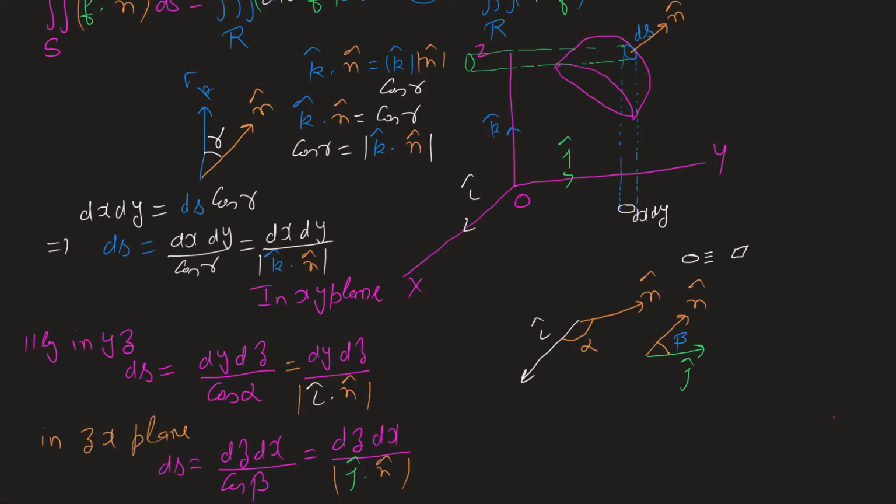Now we will come back to our question, and we will be making use of these three formulae that we have just discussed. This one is for projection in the xy plane, this is for projection in the yz plane, and this is for projection in the zx plane. So now let me come back to the question.